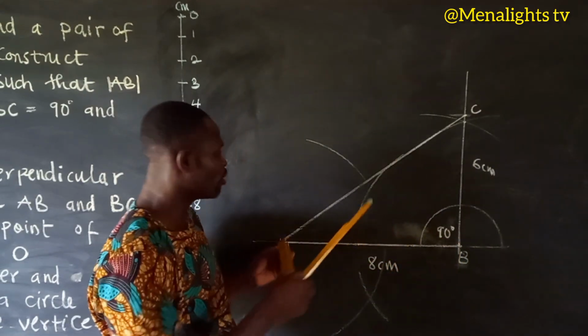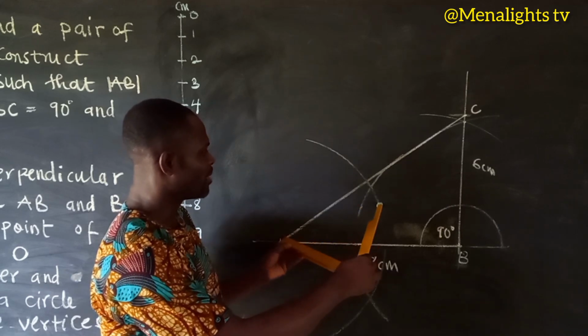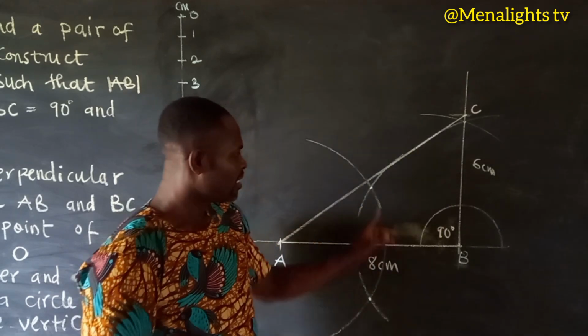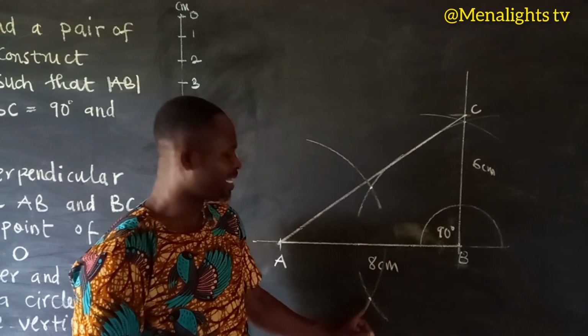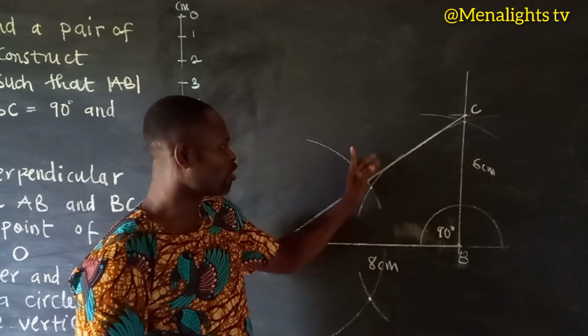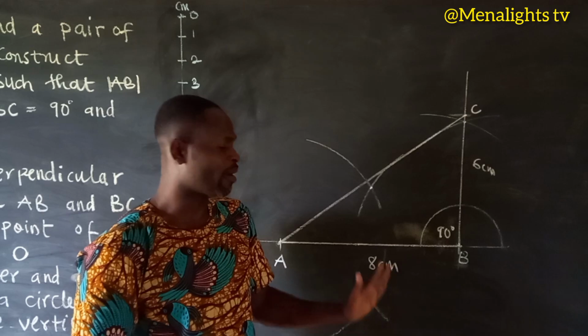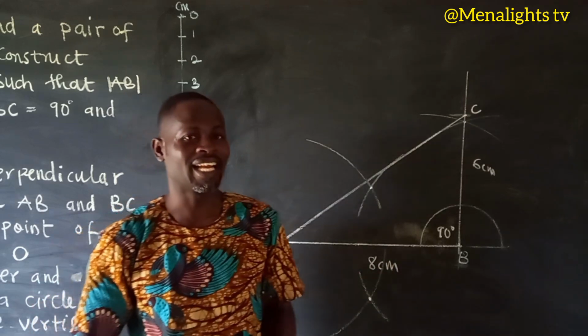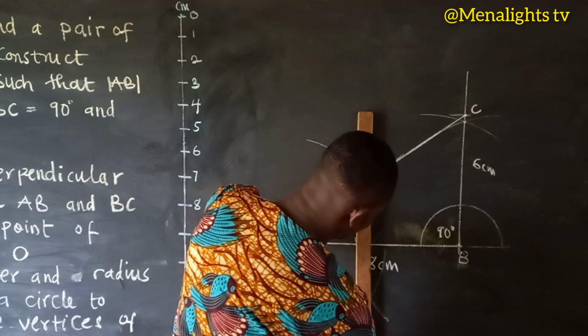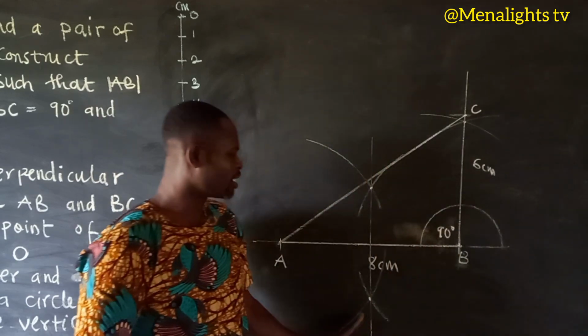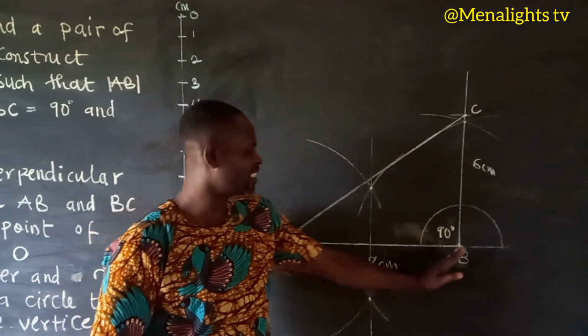The first one didn't go through, so you can go back and do it. Looking at this, the first 2 arcs intersect here, and these 2 also intersect here. So we are going to draw a line through to have our perpendicular bisector of the line AB.